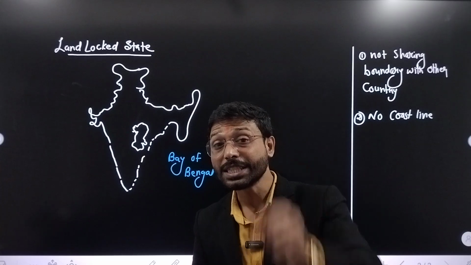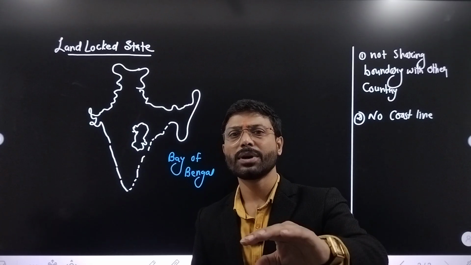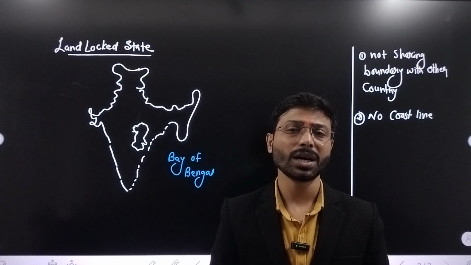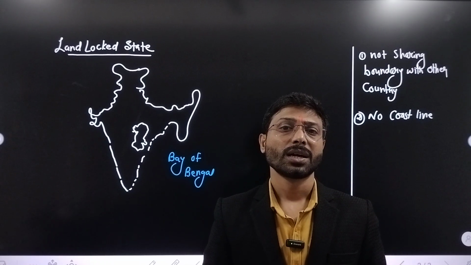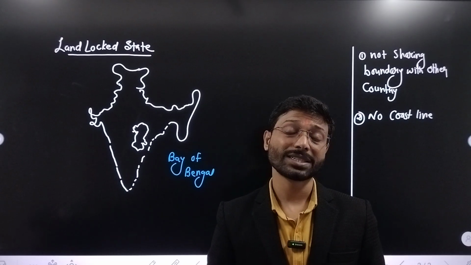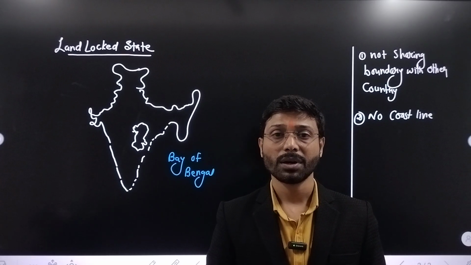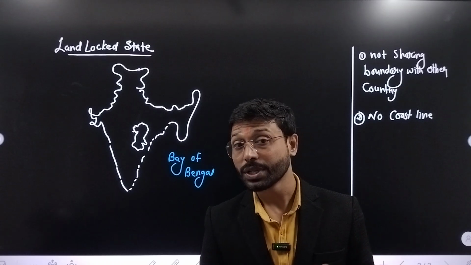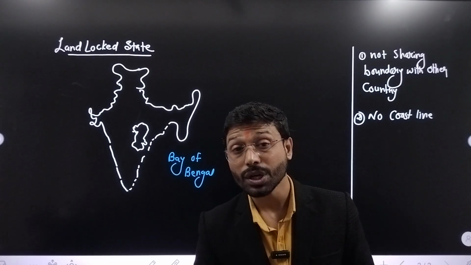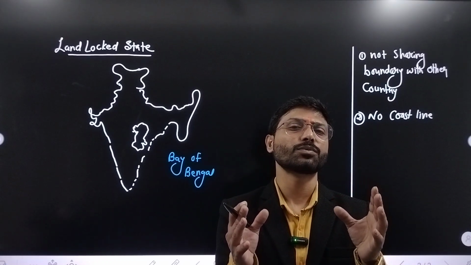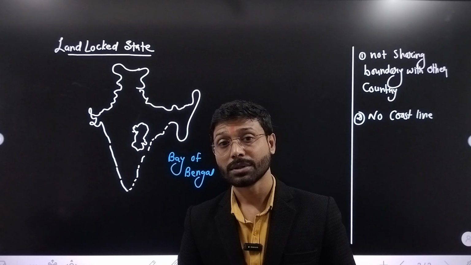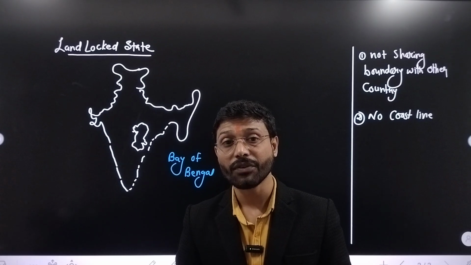To have better transport facilities, you have 3 to 4 ways. For example, an airport transport facility, highways, means roadways, rail transport, waterways. These all are the transport media which help the state to have economic development.